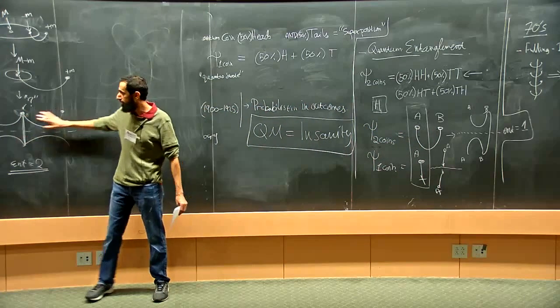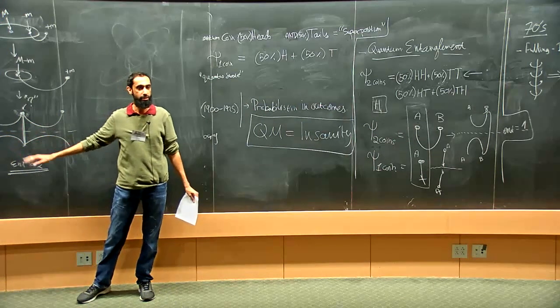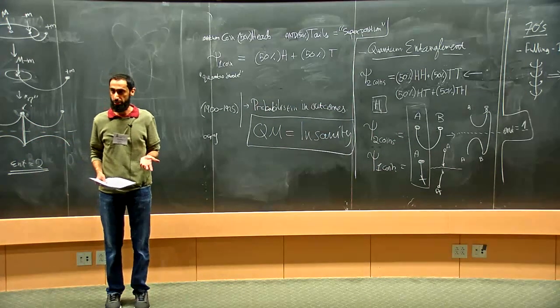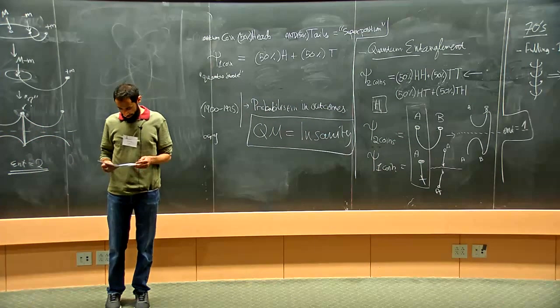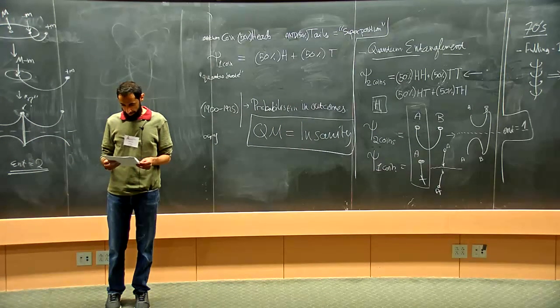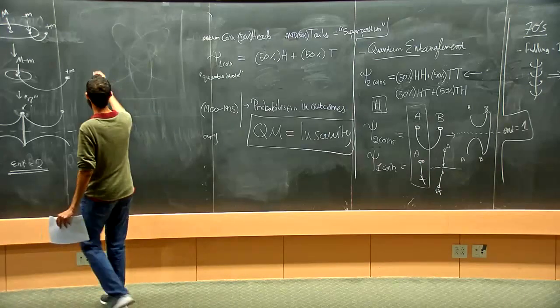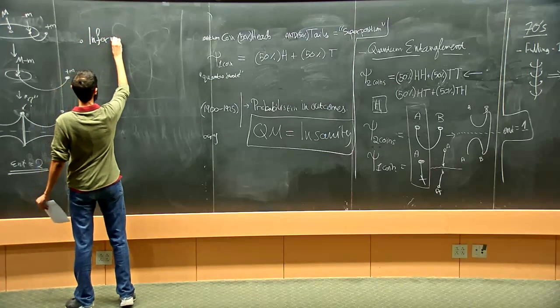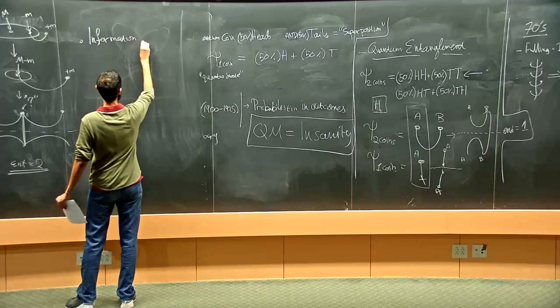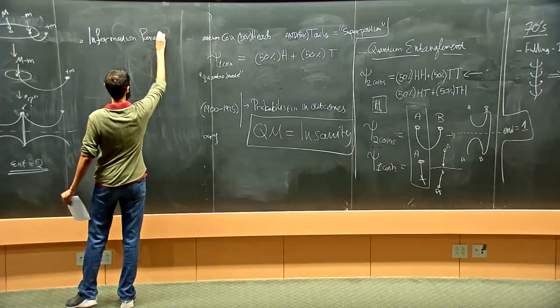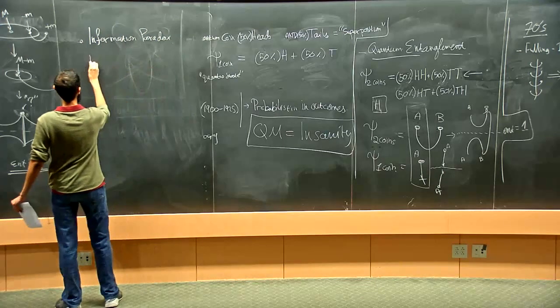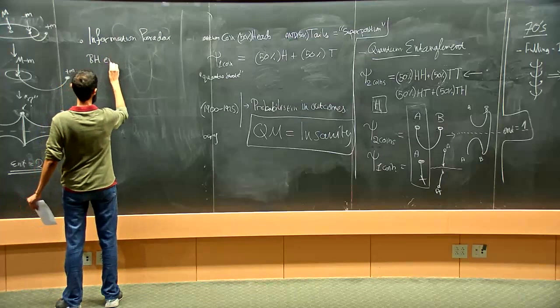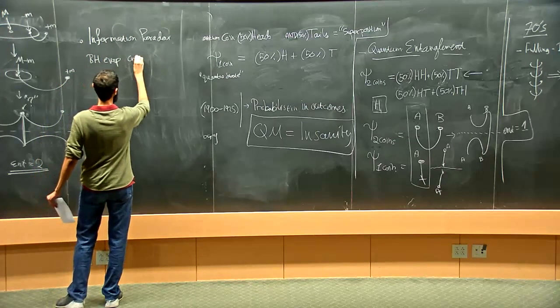So all you have is A. And so you've lost information. And this is the information paradox. It's a statement that black hole evaporation creates entanglement.